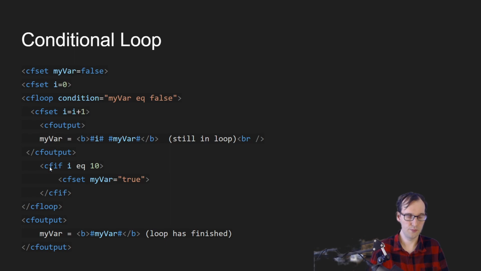And to make sure that the loop doesn't go forever, I put in here if I, the index, equals 10, we will set it to true. So myvar is true, and then this loop will stop.